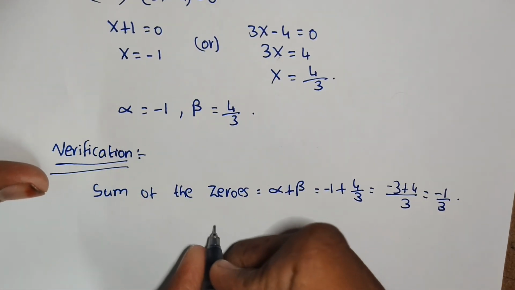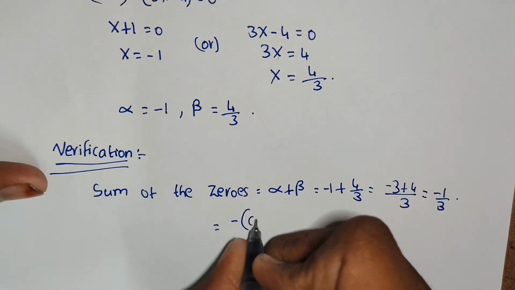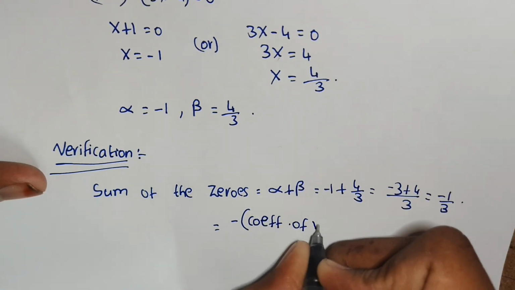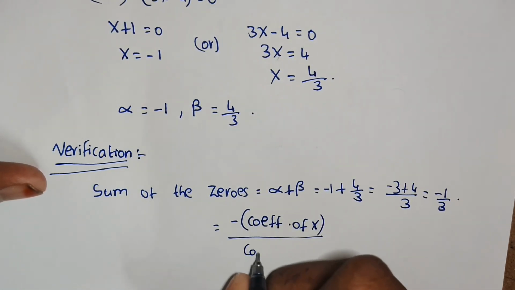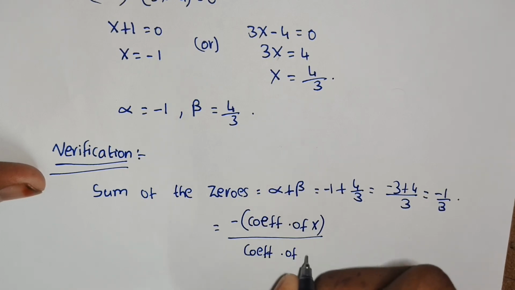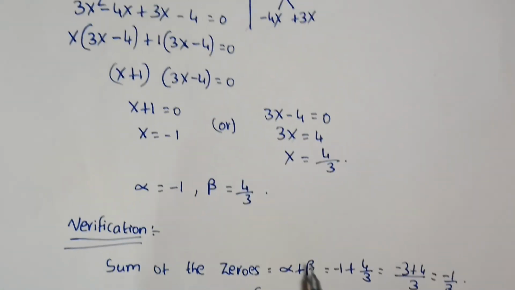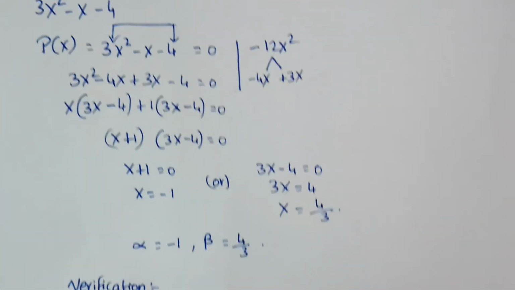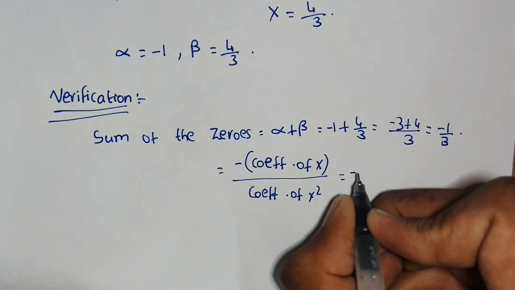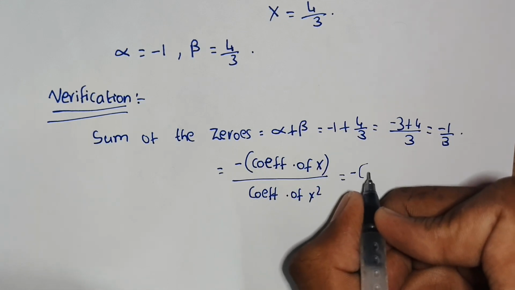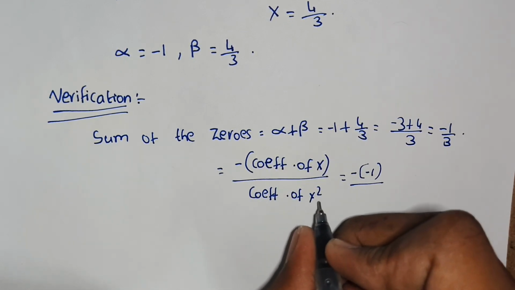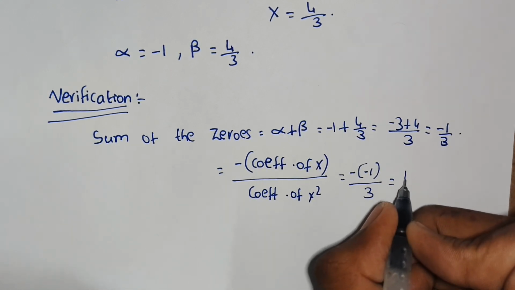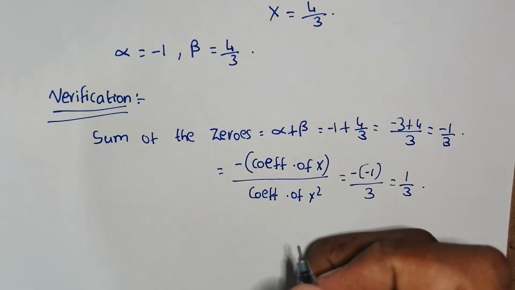Now we can do this by the formula. The minus of coefficient of x by coefficient of x square. What is the coefficient of x here? -1. Coefficient of x square is 3. So minus of -1 by 3 equals to, minus into minus plus 1 by 3.